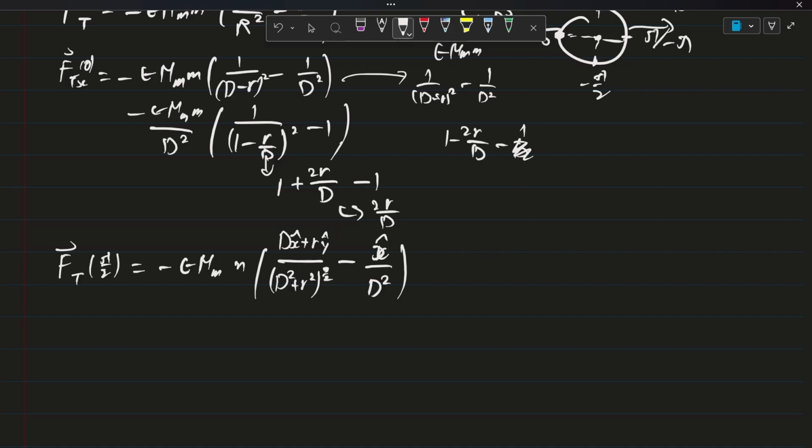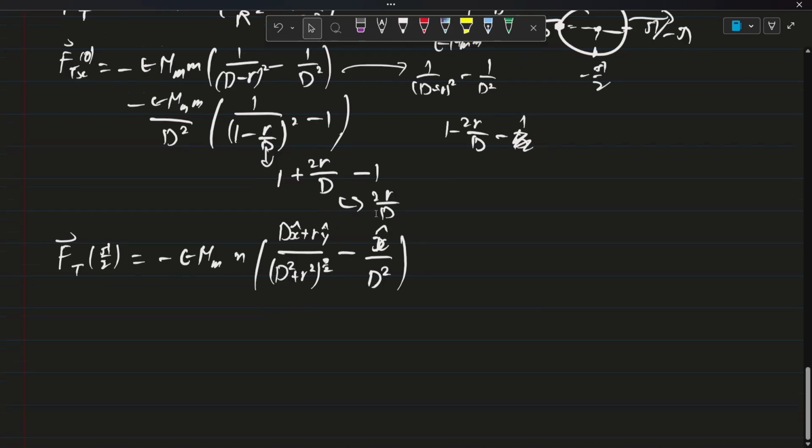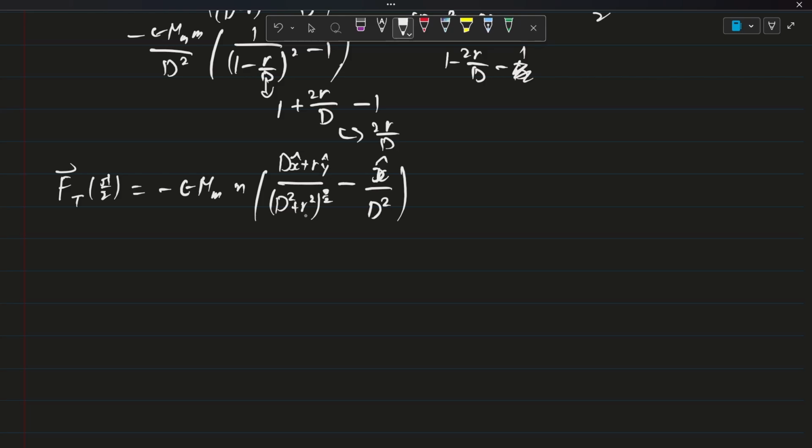Looking at this, we would notice that this d squared and r squared here, r squared is very small compared to d squared. So we can just cancel this out. So this would be simplified further into x hat plus r over d y hat. Divide this by d squared minus x hat over d squared.